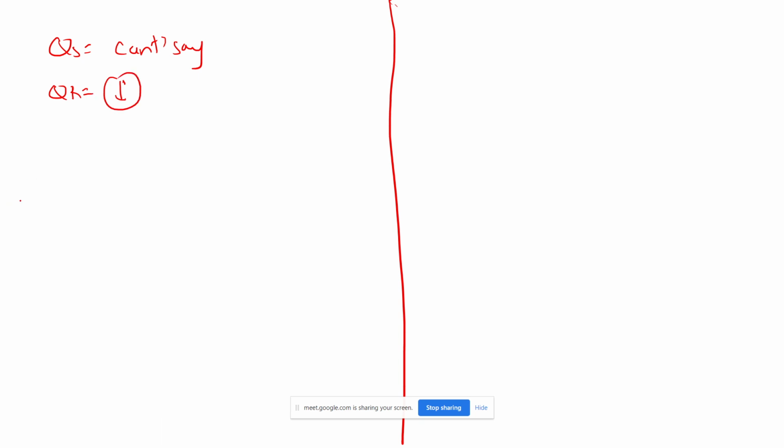What will be the mean temperature of heat addition? Increases. Yeah. What will be the mean temperature of heat rejection? It will remain constant. It will not change. Why, sir?